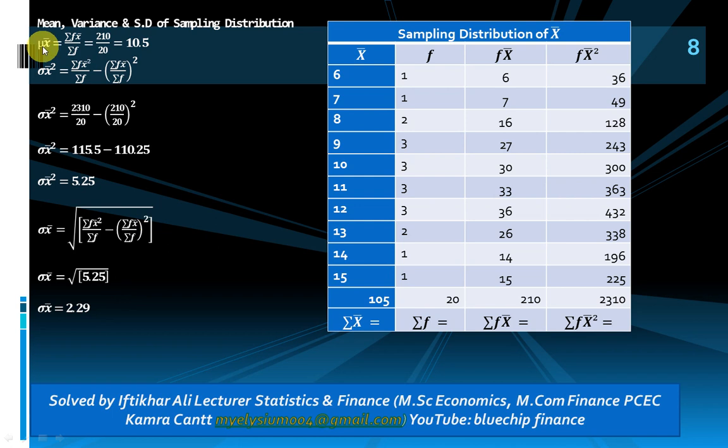First one is the mean, second one is the variance, and third one is the standard deviation. In the question only two things are asked, one is mean and second, I think, standard deviation, but here we are going to solve the complete question. So these three are sample statistics.